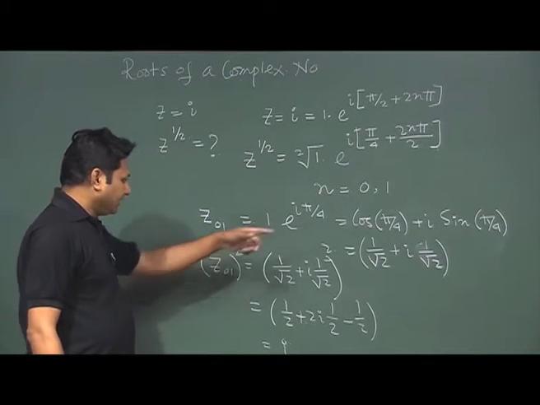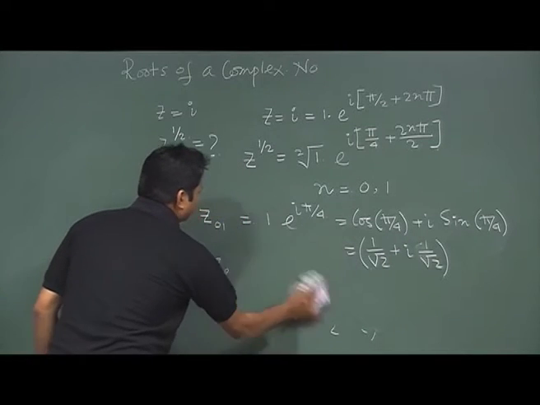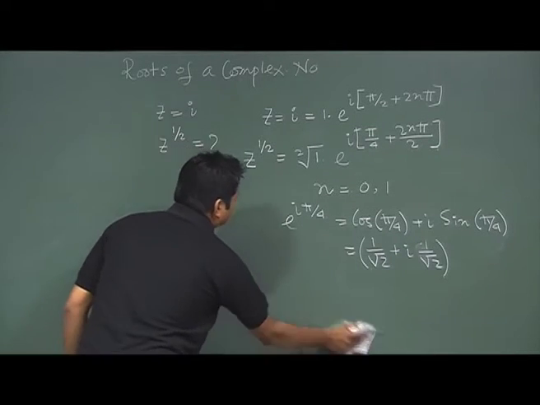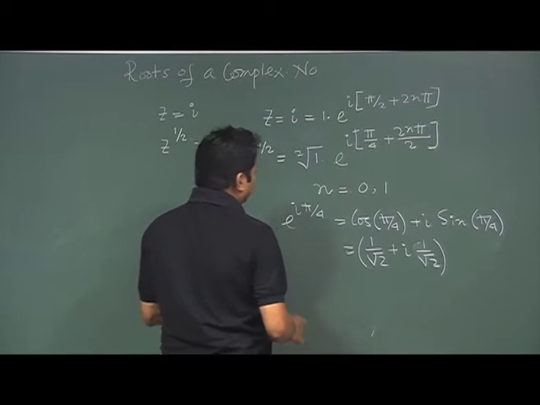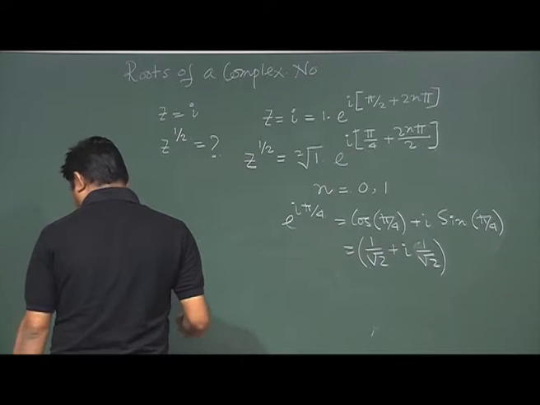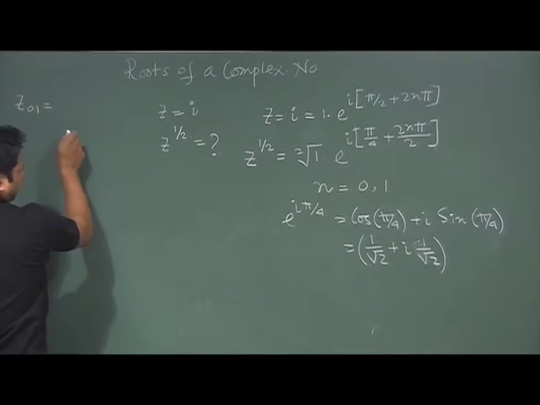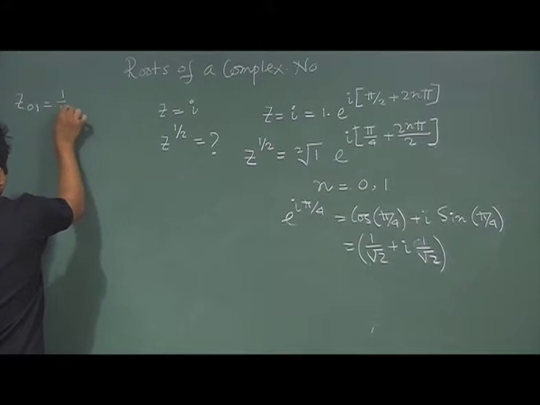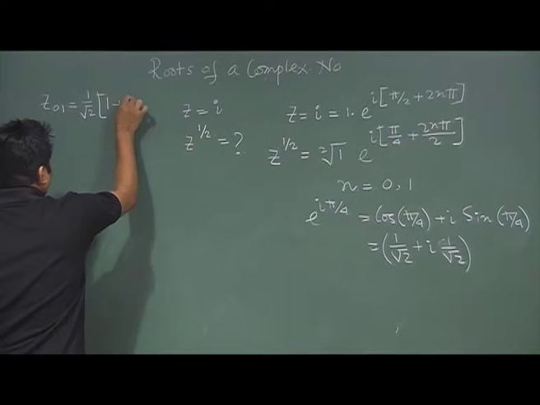So, this quantity is the square root of i. So, the first root comes out to be 1 by root 2 times (1 plus i).